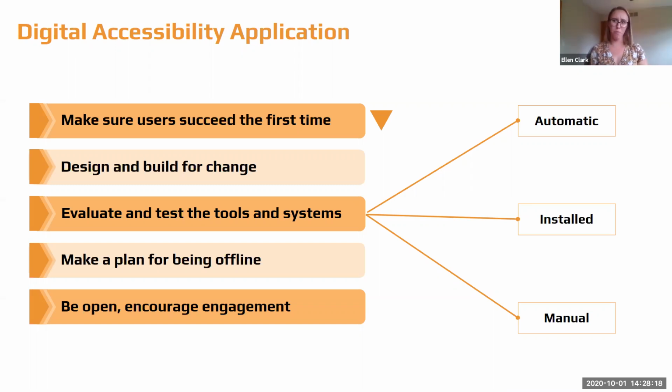And then lastly, and probably most importantly, is being open and encouraging engagement, being open to feedback on your site, knowing where your strengths lie and that you don't represent your entire population that's going to be viewing this space is really important. Others are going to catch what you might not catch.